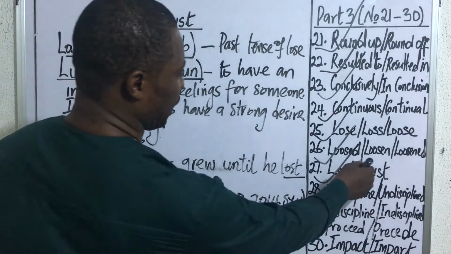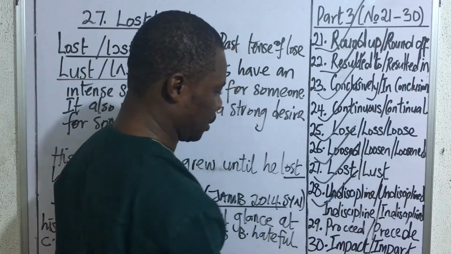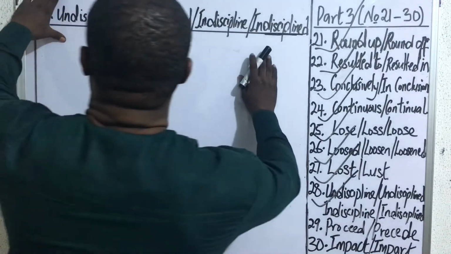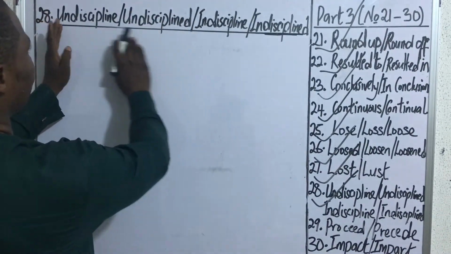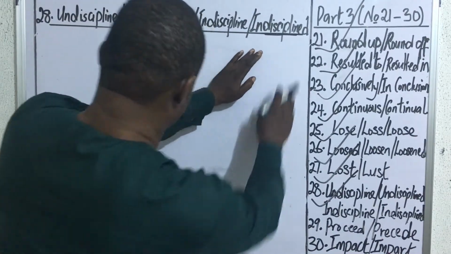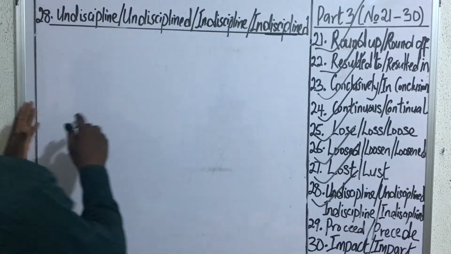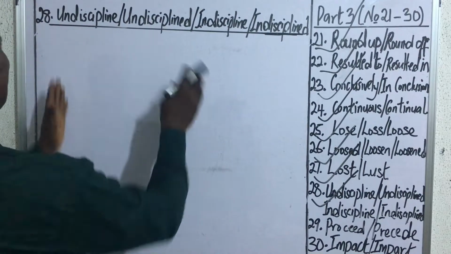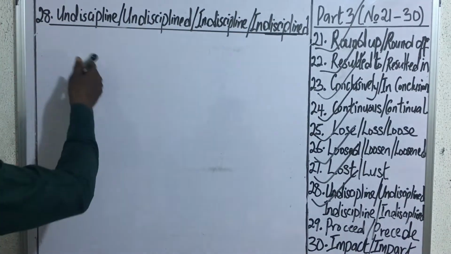Let's go on to the next item on our list, which is number 28: undisciplined, undisciplined, indisciplined, and indisciplined. Good. If you look at these words very well, it looks like they are in two sects. Let's bring out the first sect.